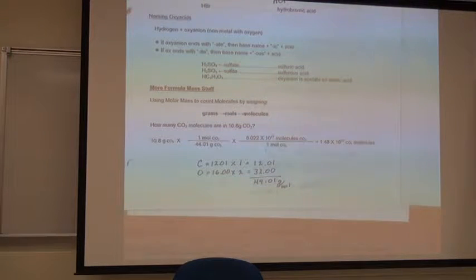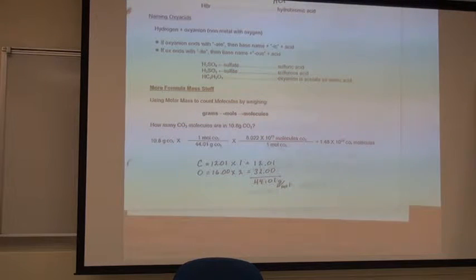Do you remember that? Yeah, that was a lot of years ago, wasn't it? Well, there was one like this on the test, where you go from grams to moles, and then from moles to number of molecules.